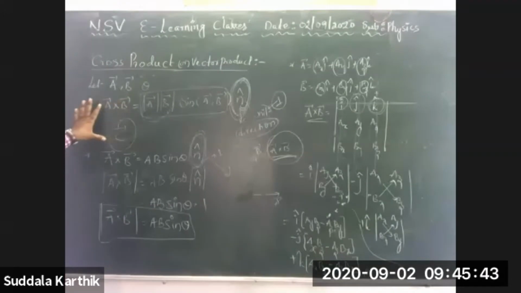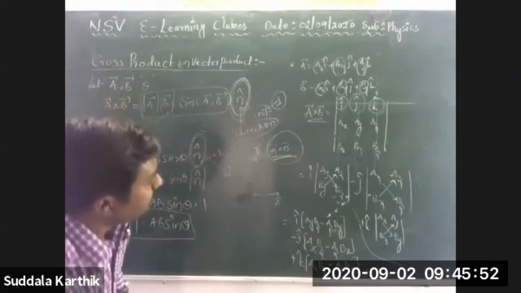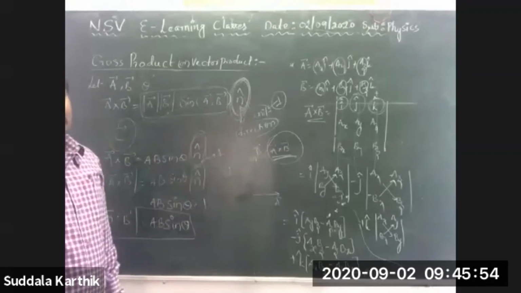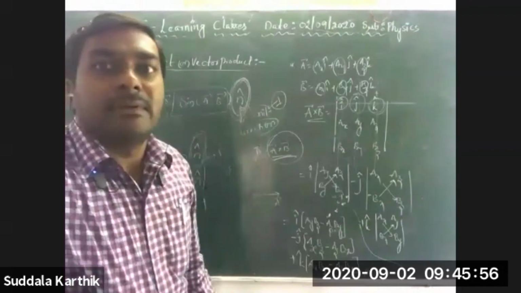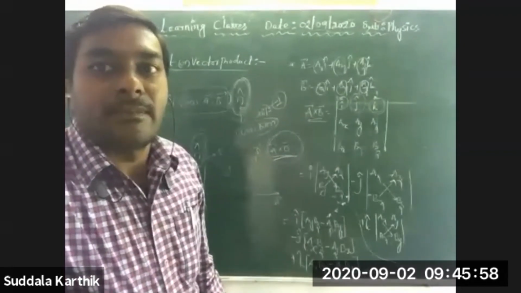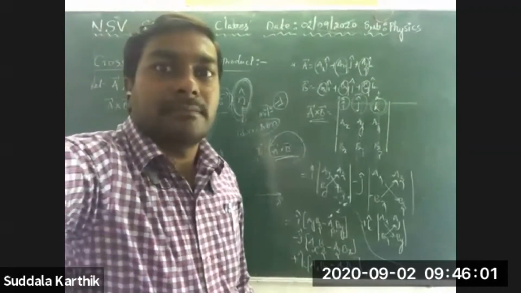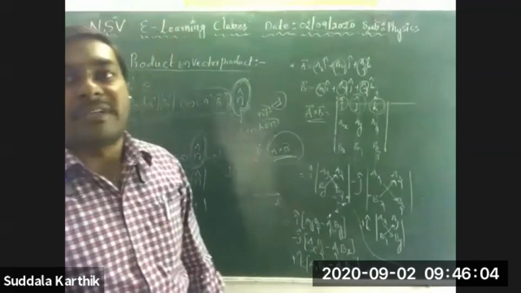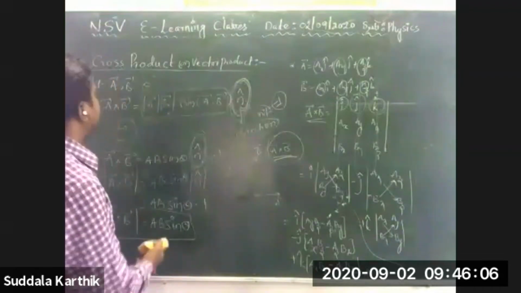These are two different methods to calculate the cross product, the star product, of two vectors. Right. There are some properties of cross product.